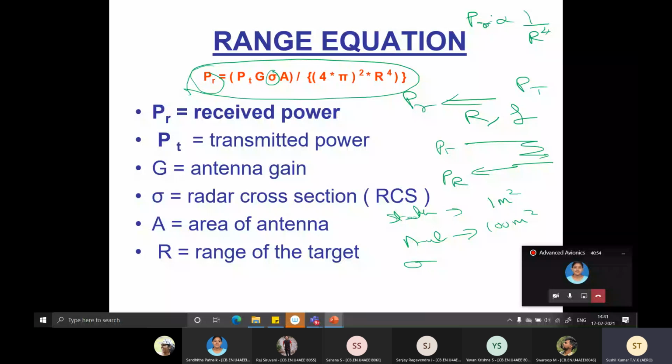People feel that if I increase the power of the radar, my received signal will be very good. No, it doesn't happen so, because of the R power 4 relation. So increasing power really is not the solution. We'll discuss that later. But as an assignment, just try to do this, and I'll ask one of you to derive it for the benefit of the class.